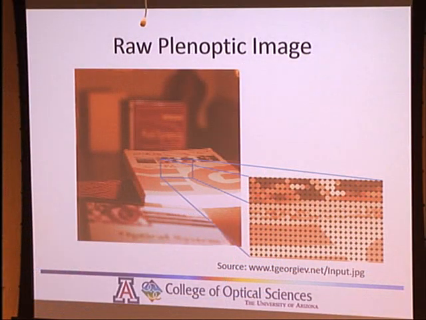Some other types of cameras. So we distort imaging a little bit. This is something called a plenoptic camera, and what it does is it puts a series of tiny lenslets over the image plane, and instead of recording the image directly, it records a whole bunch of little tiny images of the scene, and there's some overlap between each of them.